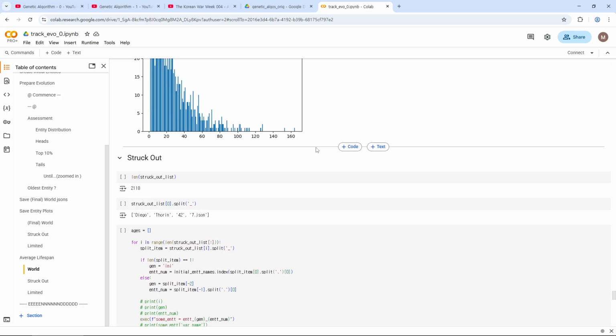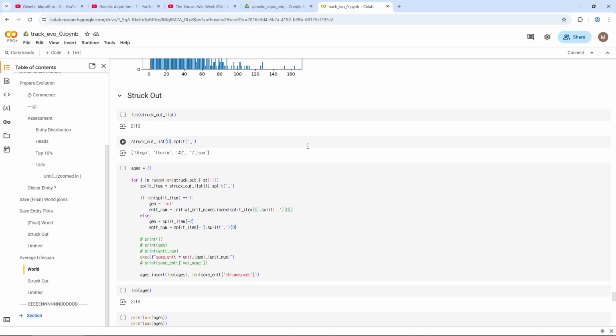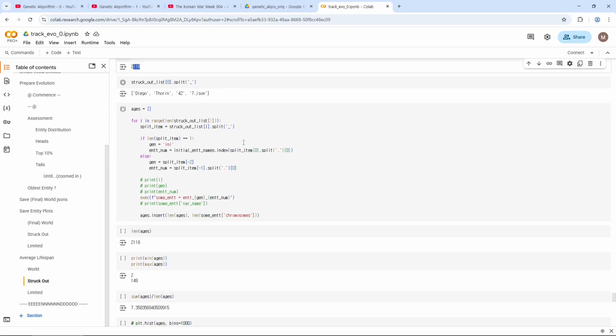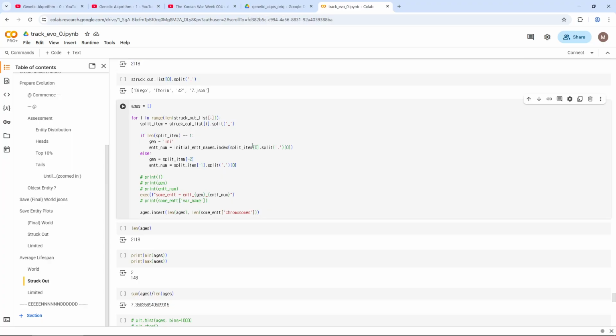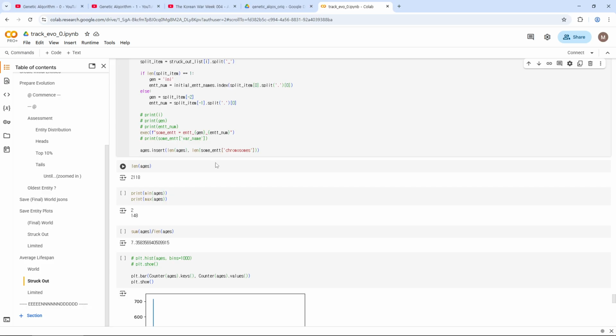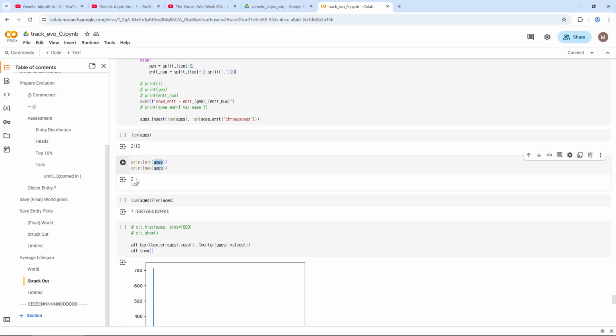Yep. And then I would do the same for the entities that were struck out. There were 2,118 entities, and I go through the same process, and the minimum age was again 2.